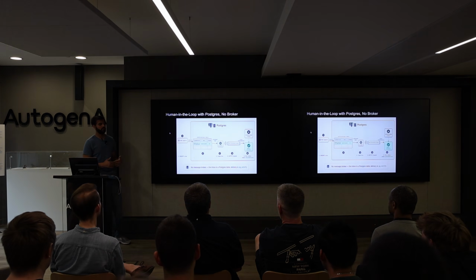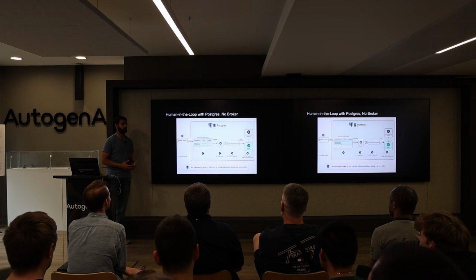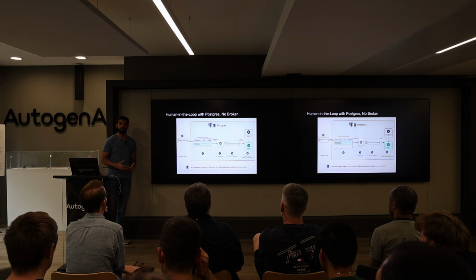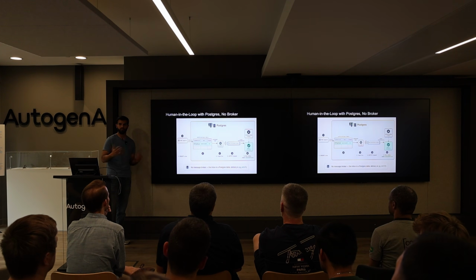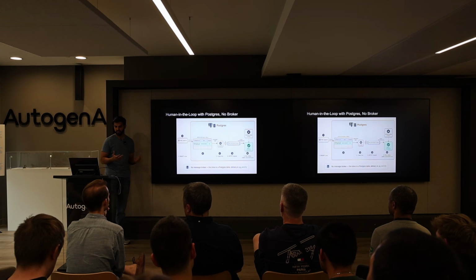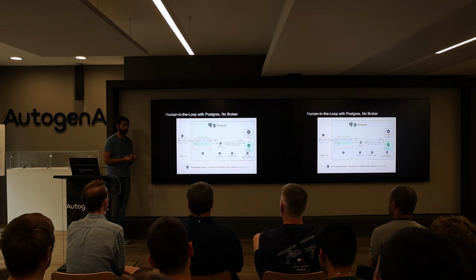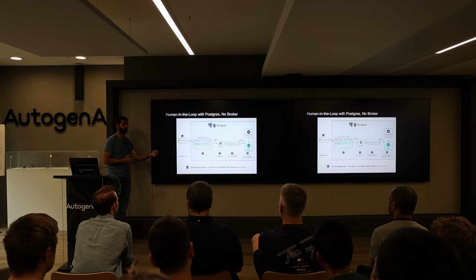So how can we build human in the loop within DBOS, within Postgres itself, without the need of an external broker, queue, or whatever you want to call it? I think this is the magic of OLTP databases like Postgres that have been maintained by open source communities, that they have progressed a lot in the last 30 years.